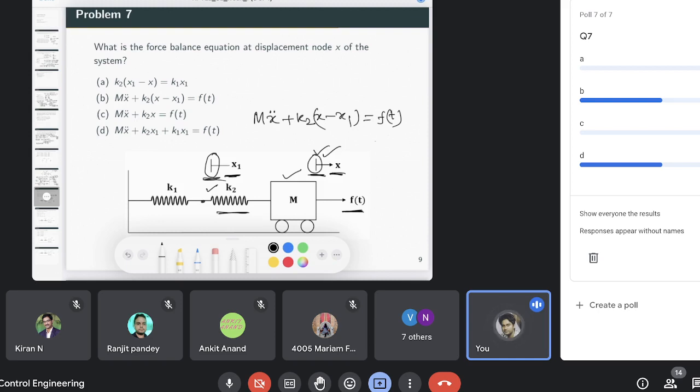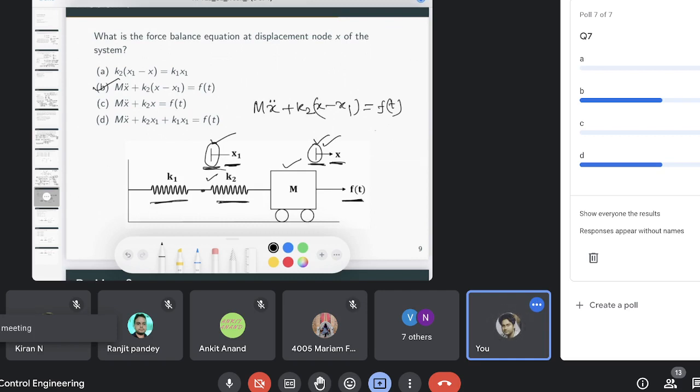So that is just the first equation. Okay, and if you want to write this equation at this node x1, okay, again you have to just sum all these forces to 0. So one force will be due to the spring, and another force is due to the other spring, and there is no external force applied there. Okay, so these two will be equal to each other, right? So the summation will be 0.